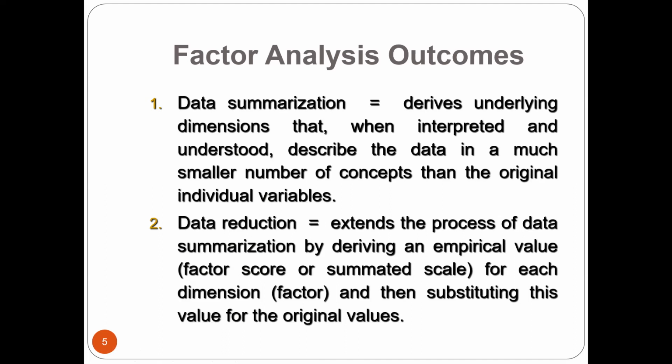When you do that, you need to represent them with some numbers, because original variables are also numbers. To represent the factors with numbers, we use data reduction techniques, which have two methods: one is the factor score method, and the other is the summated scale method. We will show you how it is done once we run the factor analysis.